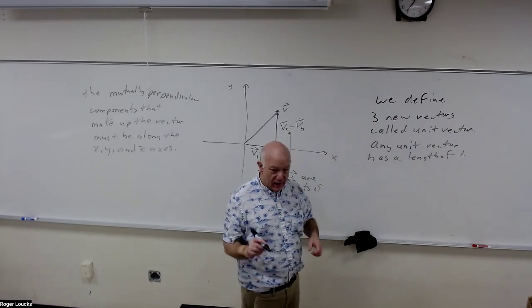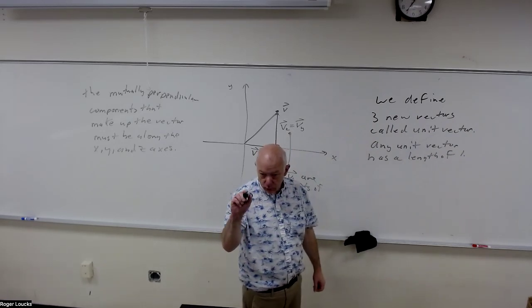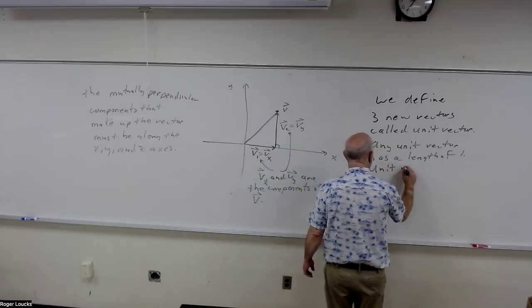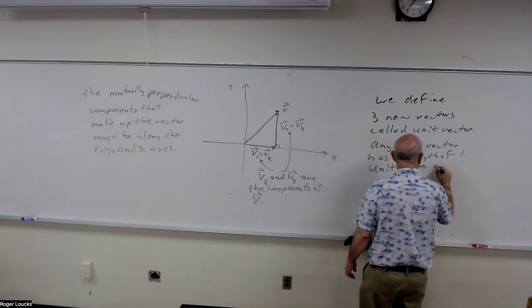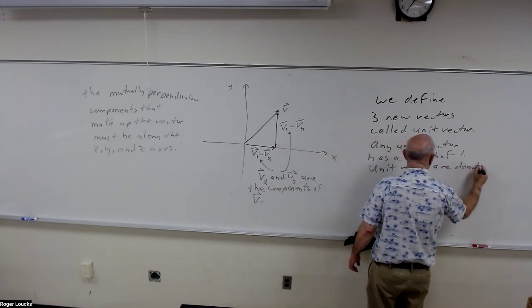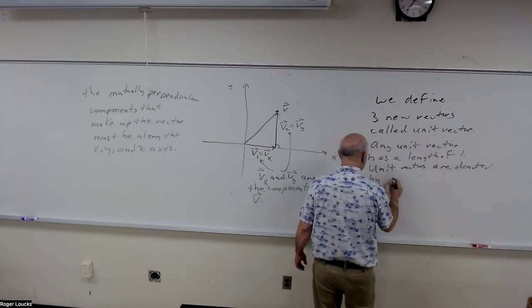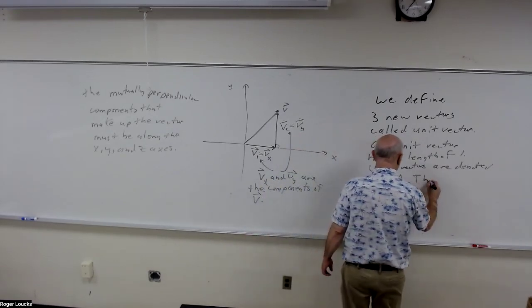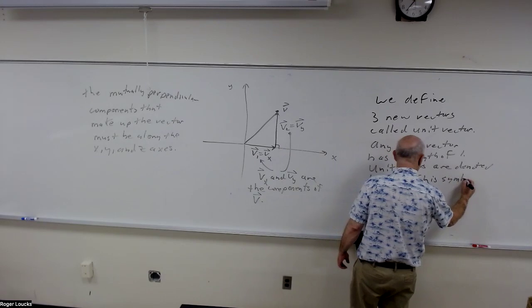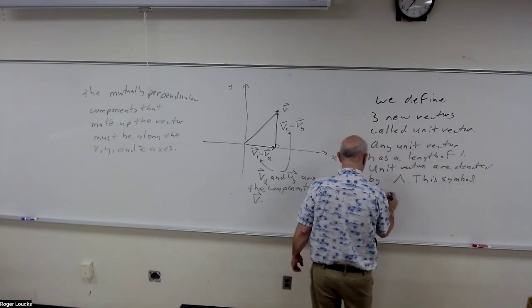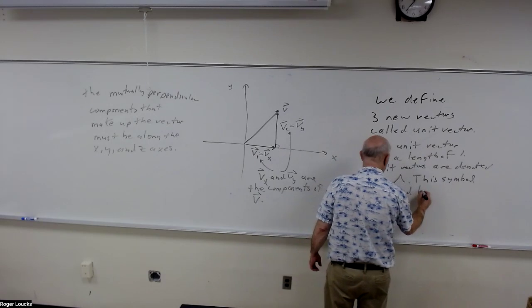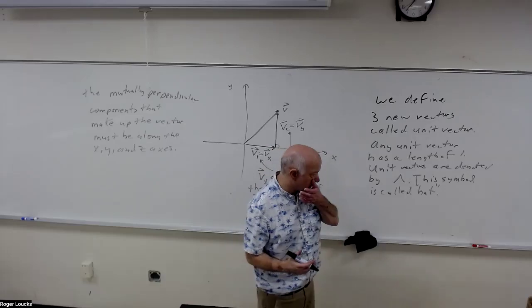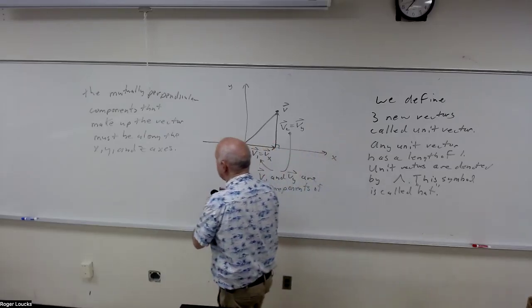And you denote a unit vector by putting a little caret, one of those little hat symbols, on it. The unit vectors are denoted by this. You call this symbol hat. It's just like the caret symbol, but no one says caret. They all say hat.